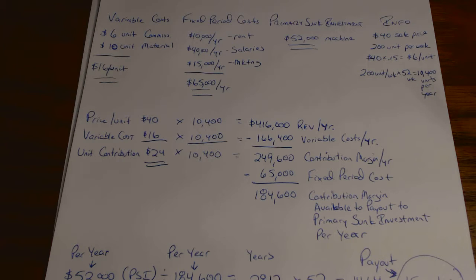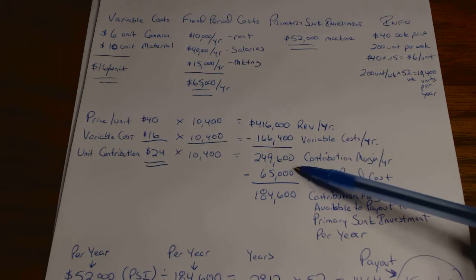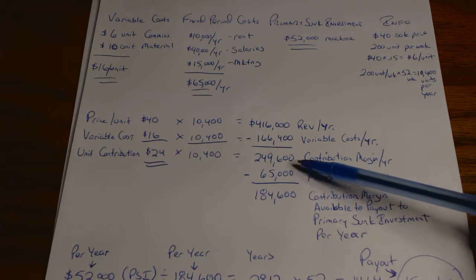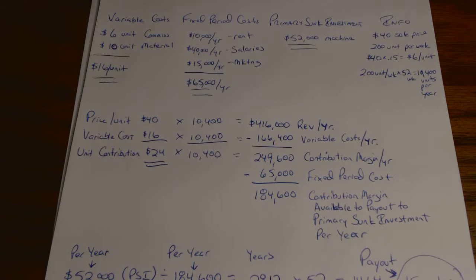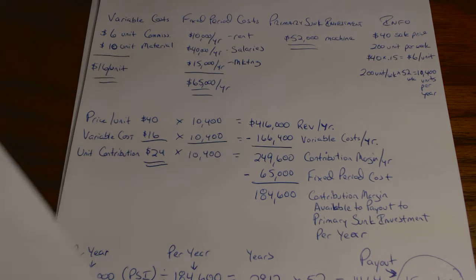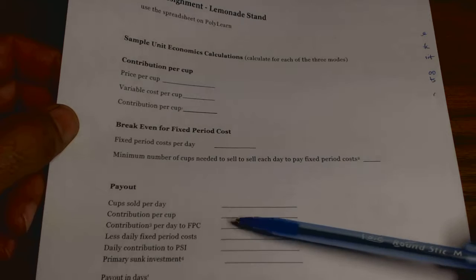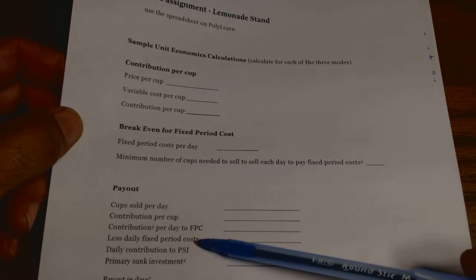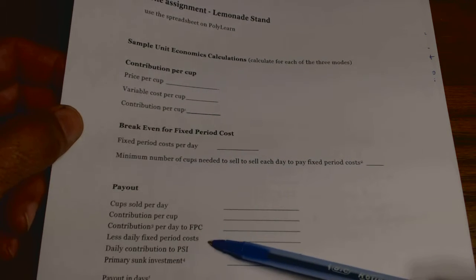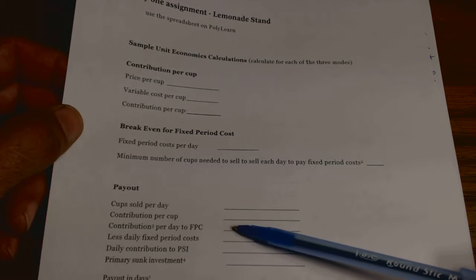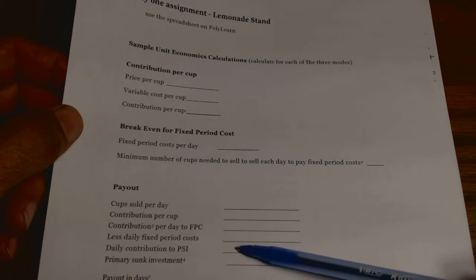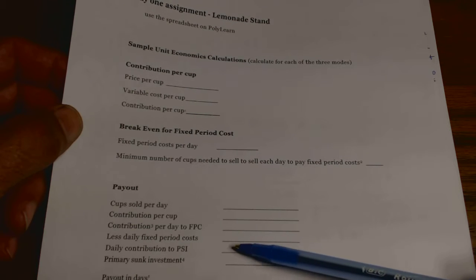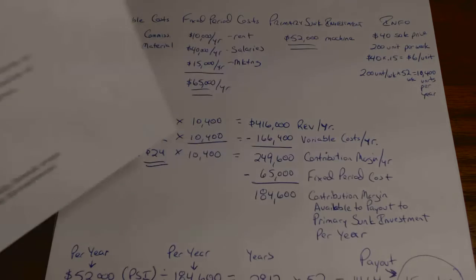So now they want you to subtract your fixed period costs, because remember, you've got to cover your fixed period costs first before you start paying back your primary sunk investment. That's the same thing that we were doing on this worksheet for the lemonade stand. You see how you subtract your fixed period costs? They said daily, but this would be yearly. So you pay off your fixed period costs, and that's how much yearly contribution you have to pay off your primary sunk investment.